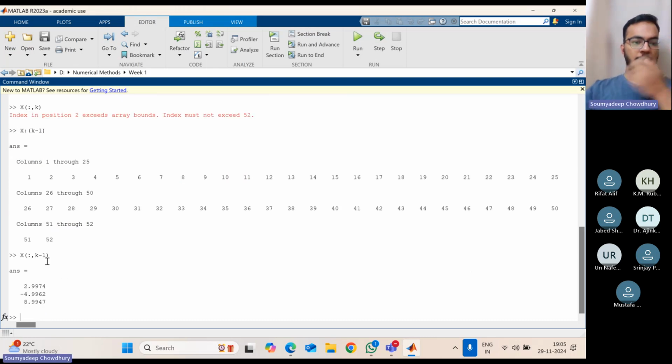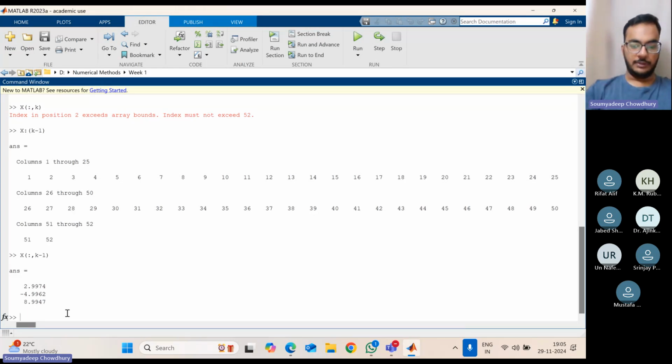So you can see here this x of colon comma k minus 1, it gives me 2.99, minus 4.99 and 8.99. So basically the solutions are 3, minus 5 and 9. So it took me 53 iterations to reach the exact value.